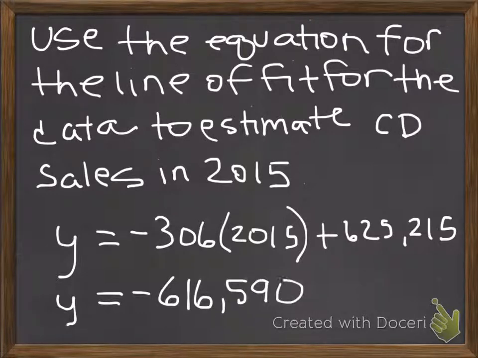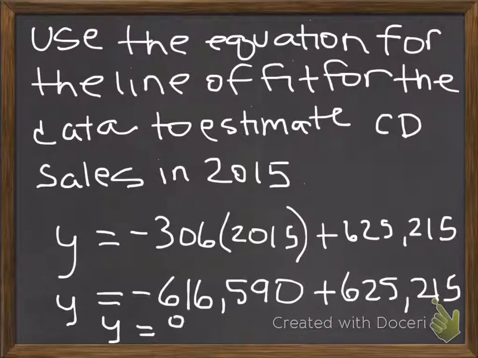So I multiplied negative 306 times 2015, and I'm going to add that to 625,215. And it gives me about 8,625.